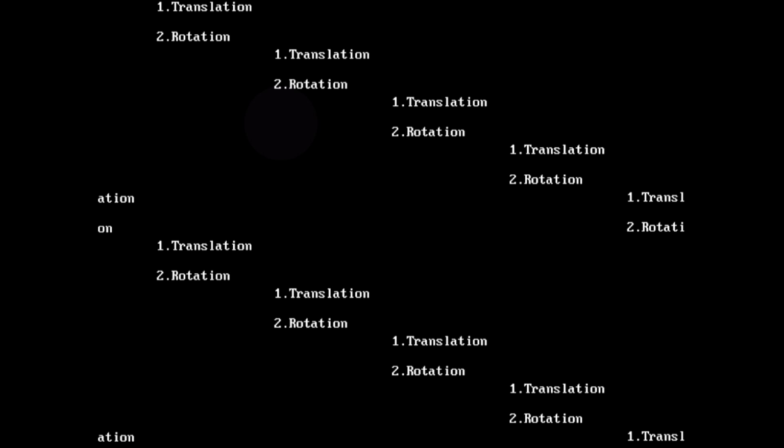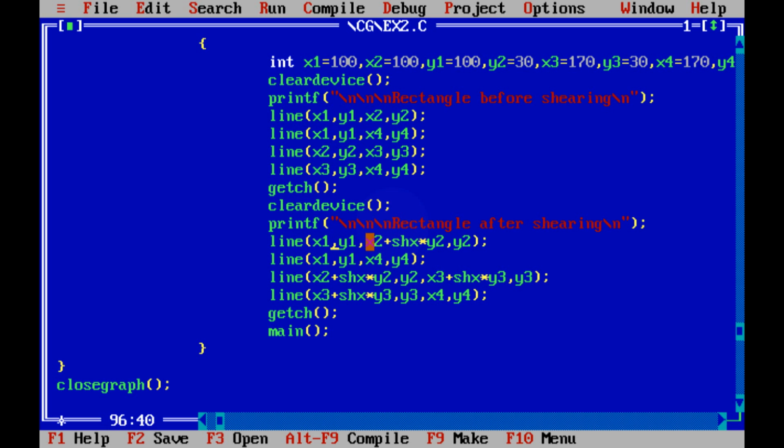Let's apply it to all the points now. So it's going to be x1 plus shear factor into, here we are applying it for x1, so we need to multiply it with y1, and let's do the same here, into y1.